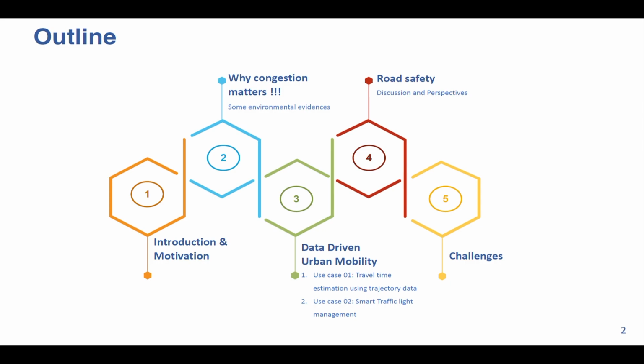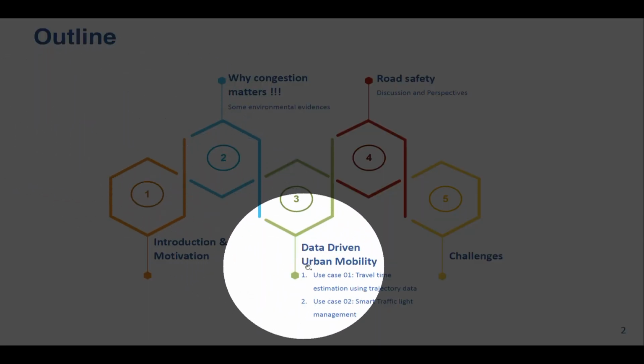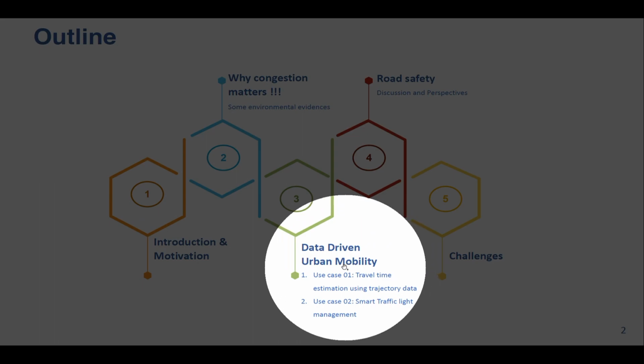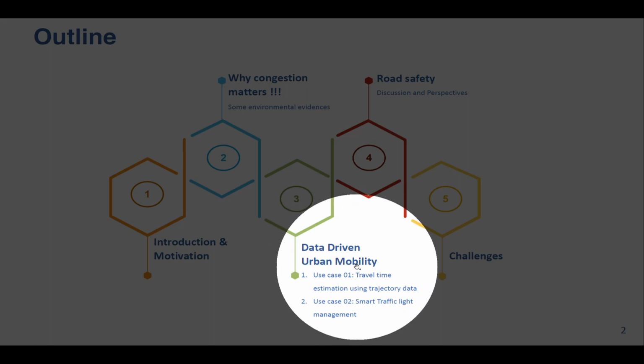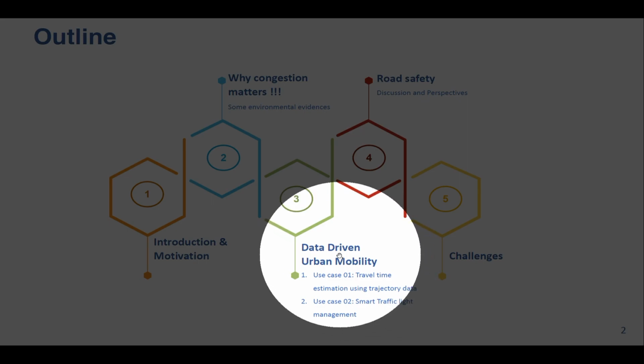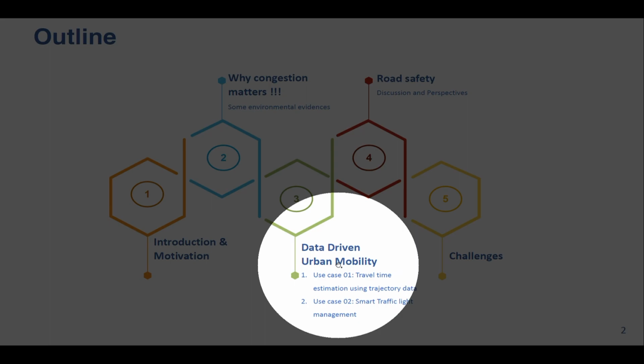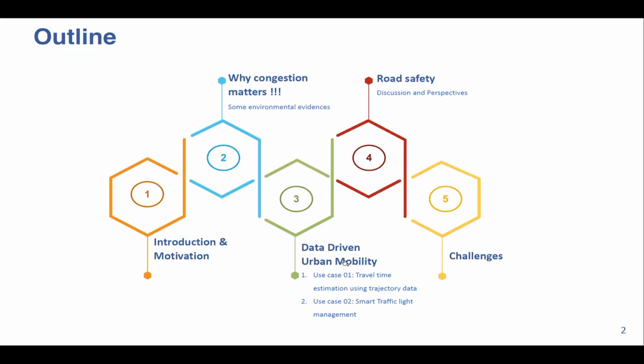Later, I will show you two use cases that we are developing. The first one is about travel time estimation, and the second one is smart traffic light management. Okay? So this is the initial plan.